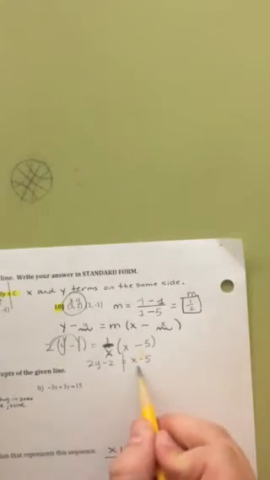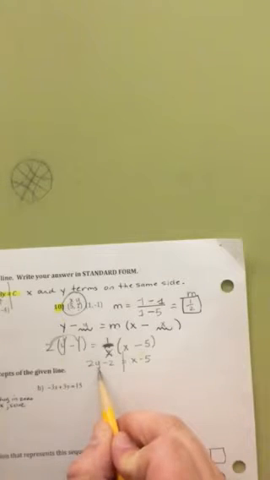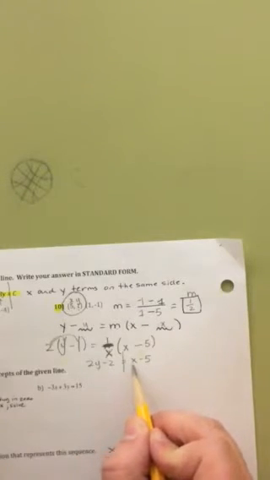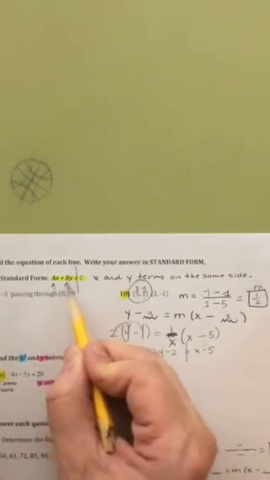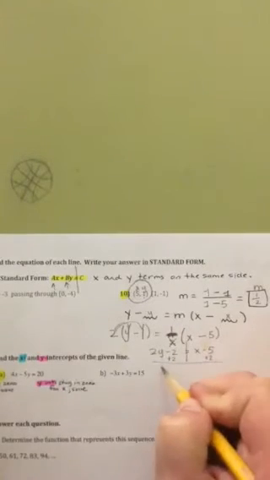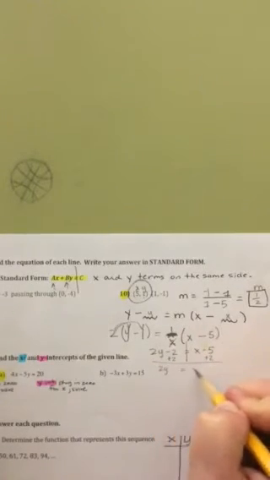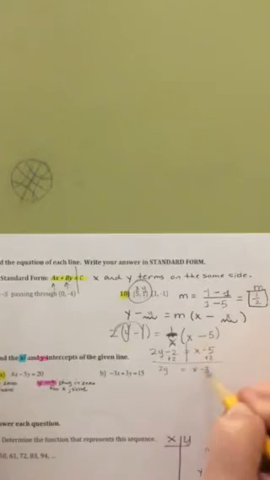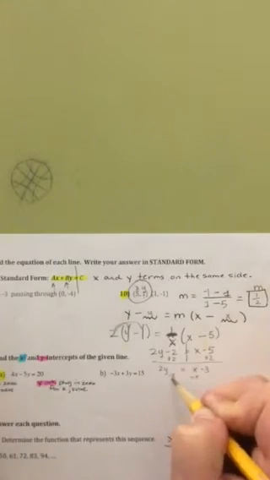This is not solving for y. In this example, we were asked specifically to put it into standard form with x's and y's on the same side. This 2 does not belong. On this side, this x does not belong.